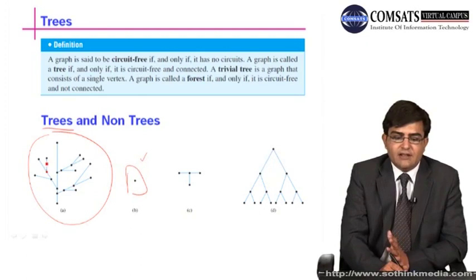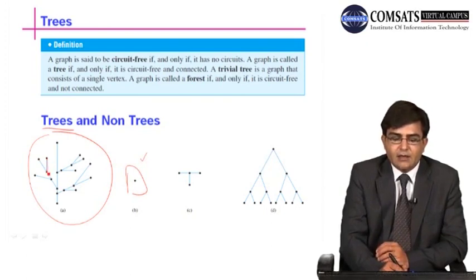You can choose any vertex. We cannot go through the graph and come back to the same vertex by using edges exactly once. That is, we cannot repeat the edge in a circuit. So therefore there is no circuit in this graph. It is circuit free and also connected.